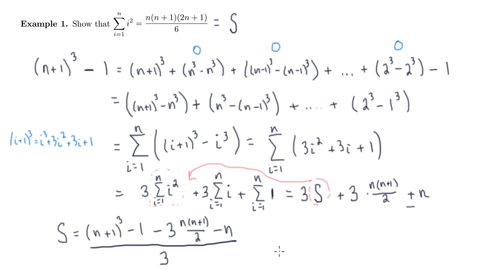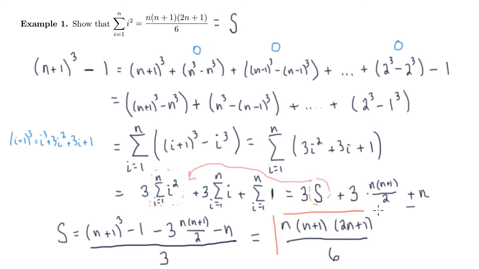Okay, good. So what is this? It's just algebra. And rest assured that you do indeed get n times (n plus 1) times (2n plus 1) all over 6, as we should.